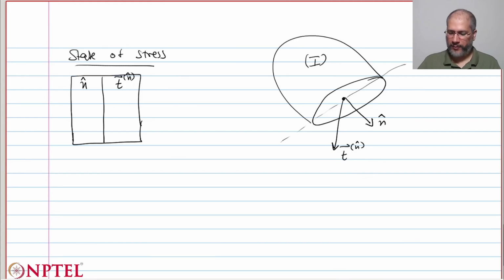Of course, if I change my choice of cutting plane, that is I change my n hat, my traction vectors will change. And we said that it's important to have a list of all these n hats versus traction vectors because this information helps us with material design. So we have lots of these vectors and the corresponding traction vectors.